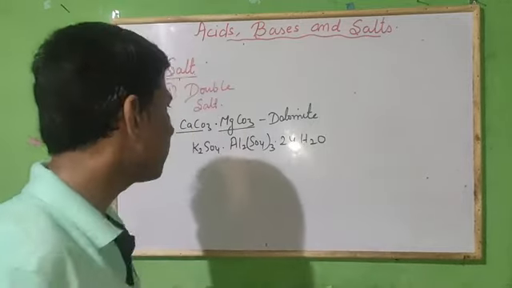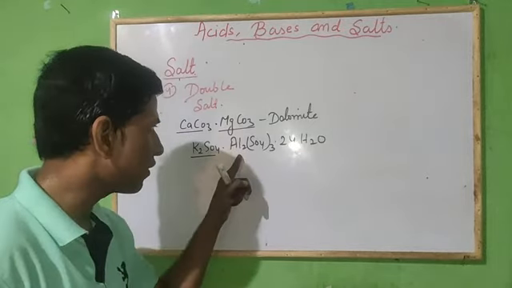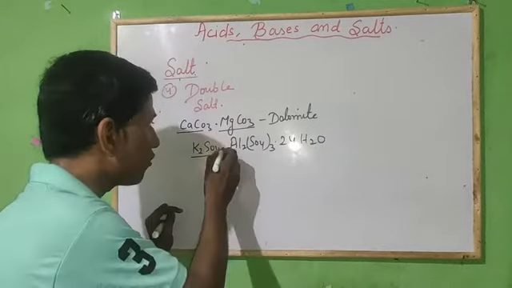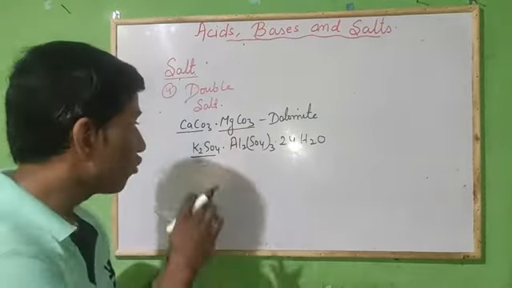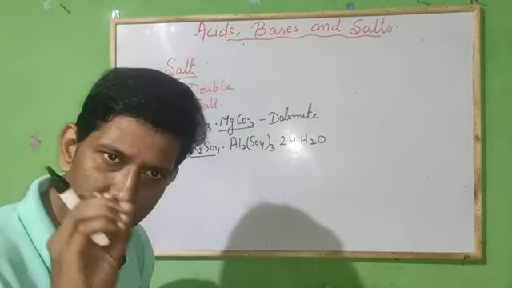Here also it is a double salt. Here also you can see that it is potassium sulfate, and there you can see it is aluminum sulfate, and between potassium sulfate and aluminum sulfate there is one dot. So in a double salt, at least two salts will be there, and they are separated with one single dot.